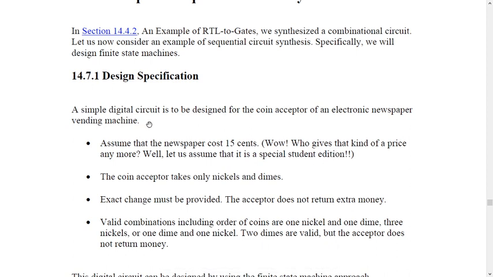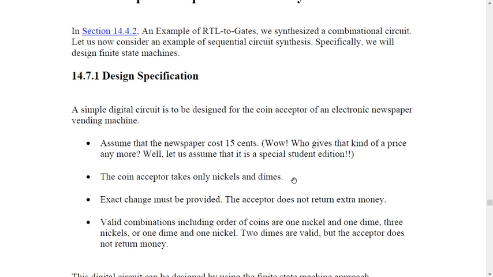A simple digital circuit is to be designed for a coin acceptor of an electronic newspaper vending machine. Assume that the newspaper will cost 15 cents. It is assumed to be a special student edition. The coin acceptor takes only nickels and dimes.